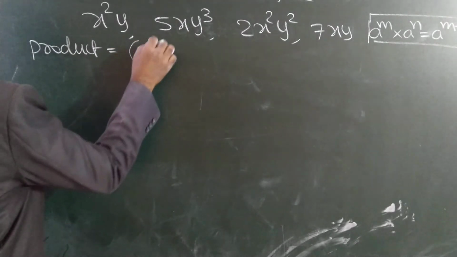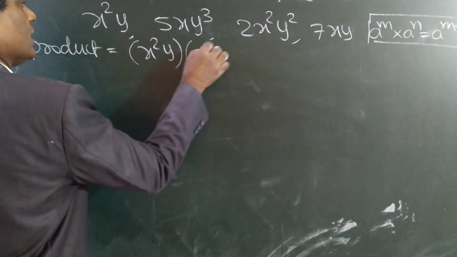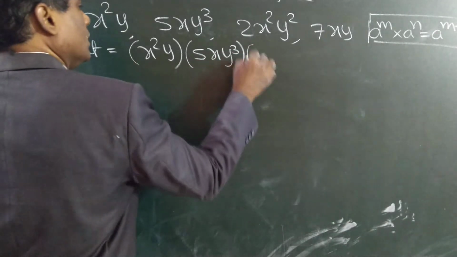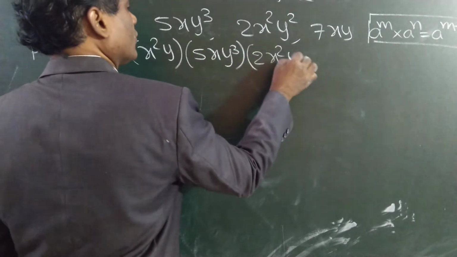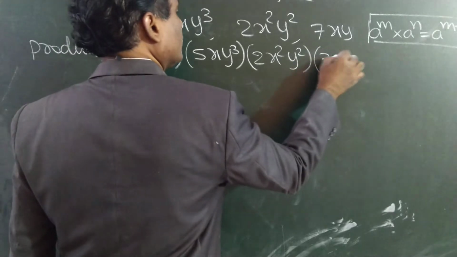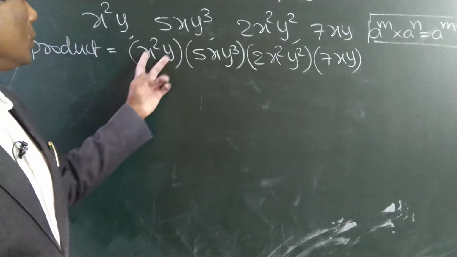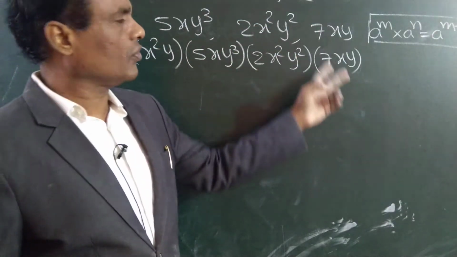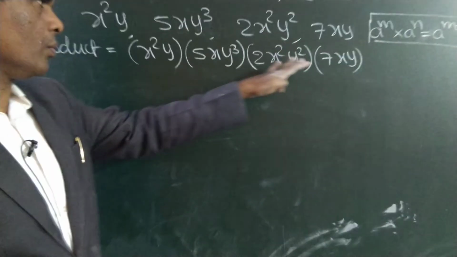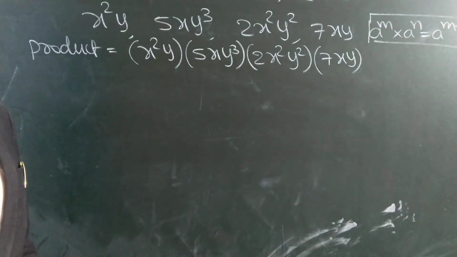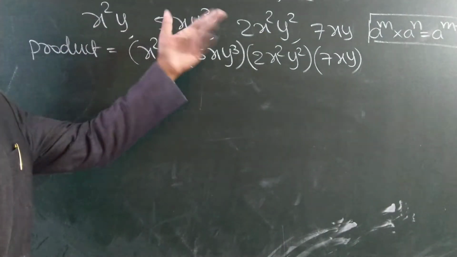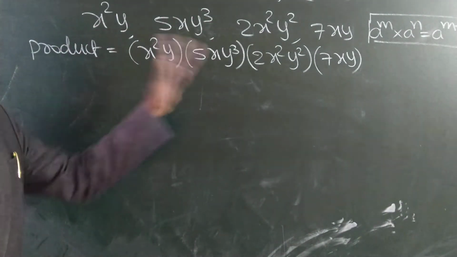First one is x square y, second one is 5xy cube, third one is 2x square y square, fourth one is 7xy. I took 4 monomials. I am multiplying them. Any 4 monomials, multiply them.